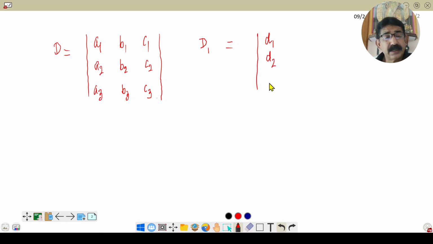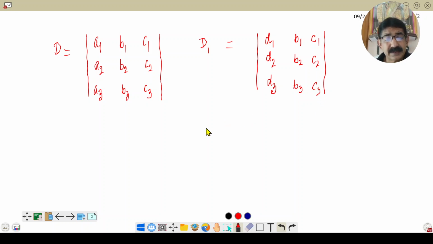D1, D2, D3, B1, B2, B3, C1, C2, and C3. Notice here, only this column A1, A2, A3 has been replaced by D1, D2, D3, and the other columns are as it is.